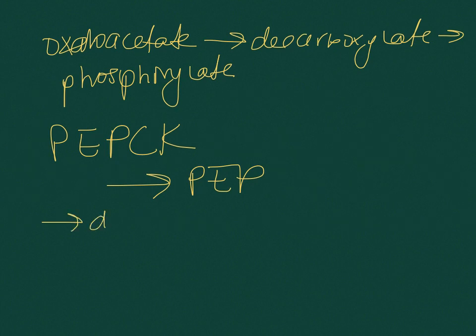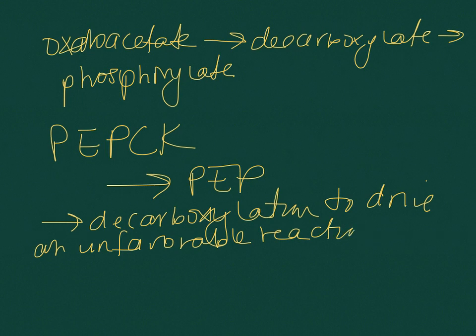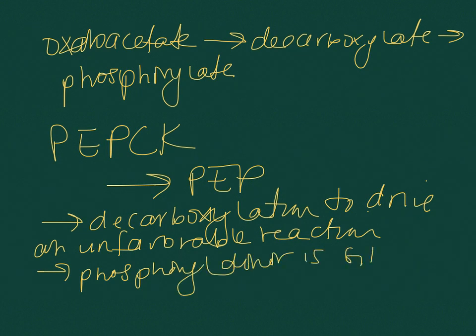This is a reaction where we have decarboxylation to drive an unfavorable reaction, and here our phosphoryl donor is GTP.